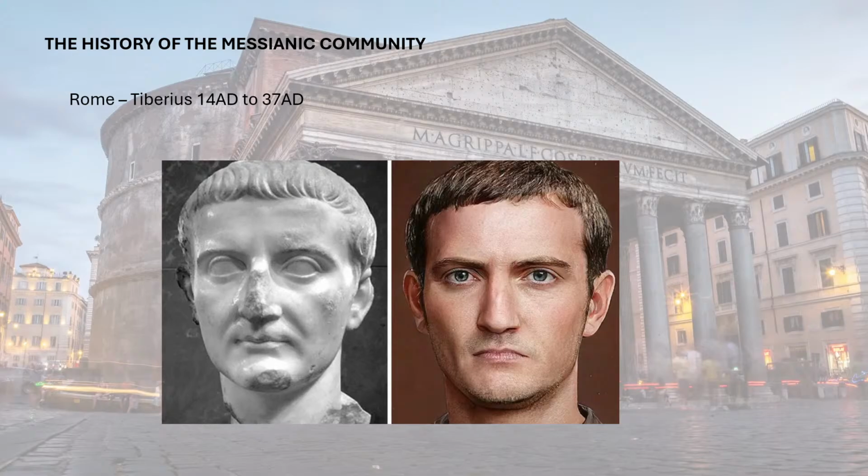So he comes back, and after Octavian's sons die, in order to keep the ruling seat within Caesar's family, he names Tiberius as his adopted son. So Tiberius becomes emperor after Octavian's death. He rules from 14 AD to 37 AD.